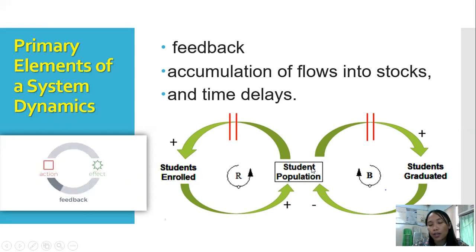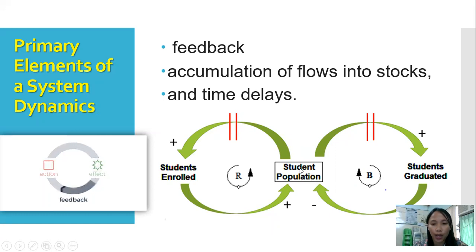Now, if more students are there, more will graduate also in the future. And it would take time, this delay, for the students to graduate, like it would take them 4 years, 5 years to graduate. Now, if we have more graduation, this will lead to a decrease in student population.